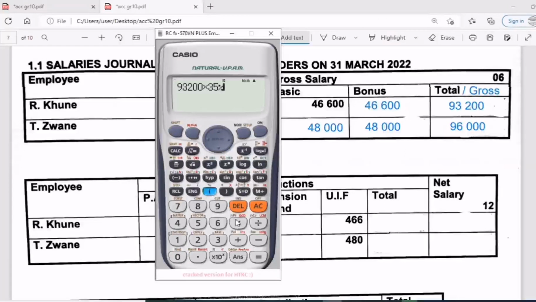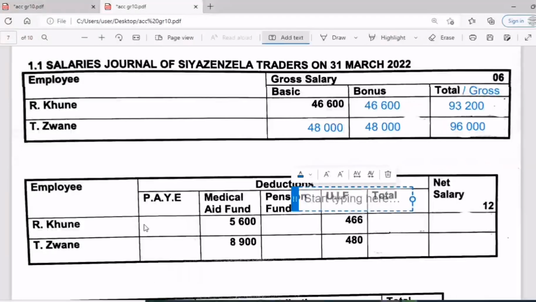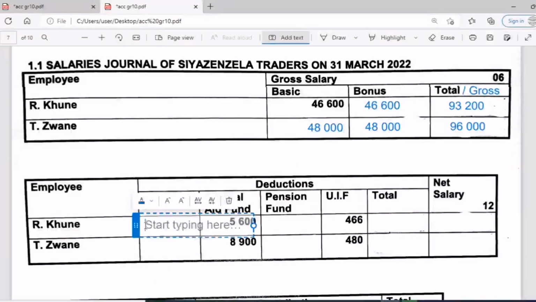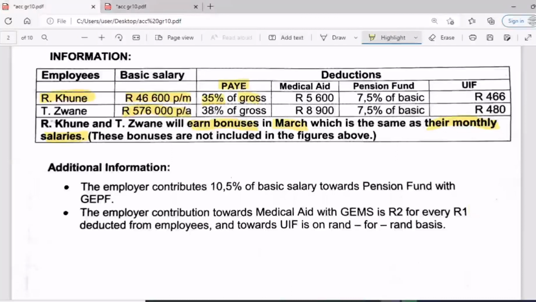35%. And that gives us the total of 32,620. So we do the same for Zwane. His gross salary is 96,000 and the pay as you earn rate applicable to Zwane is 38%.